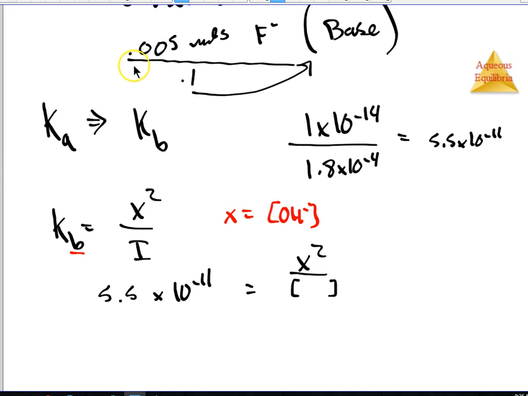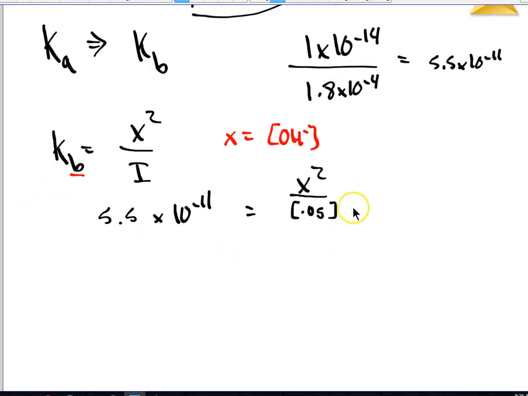Okay, so 0.05, right? Now, this would technically be minus x. But remember, we ignored x because we're talking 11 zeros, essentially. It's going to be so small the math won't matter. So we're going to get rid of this, and we're going to solve now for x.